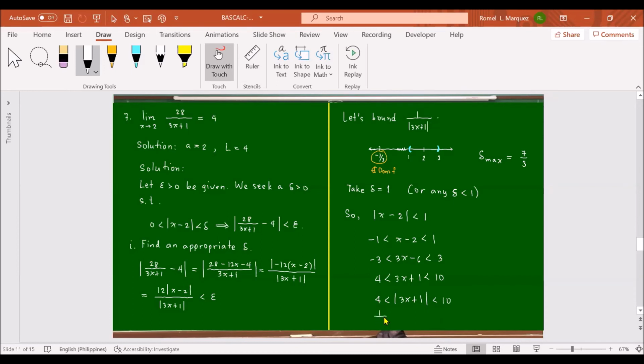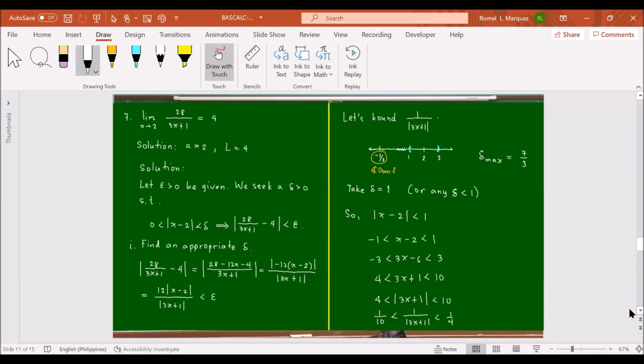So it is now 1 over 10 is less than 1 over the absolute value of 3x plus 1, and that is less than 1/4. Is that clear, guys? So again, 1/4 is greater than the absolute value of 1 over 3x plus 1, which is greater than 1 over 10, or 1 over 10 is less than this fraction, and it is less than 1/4.